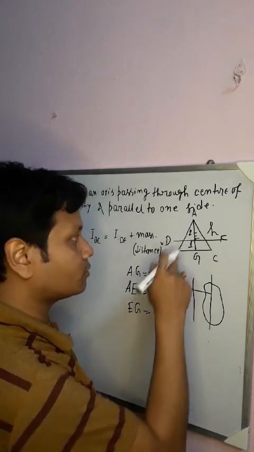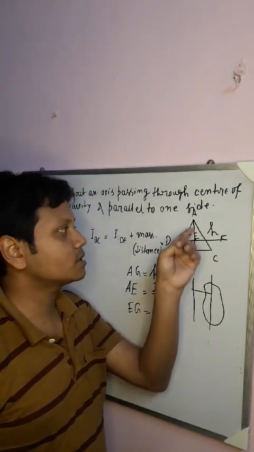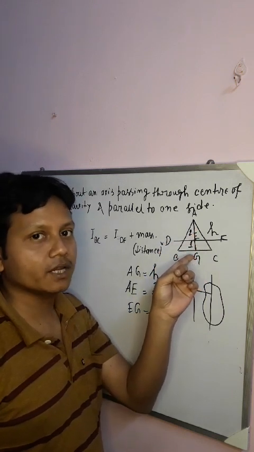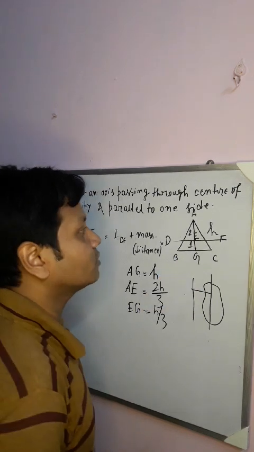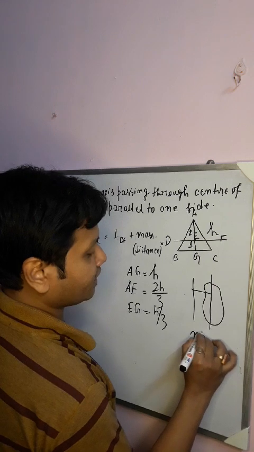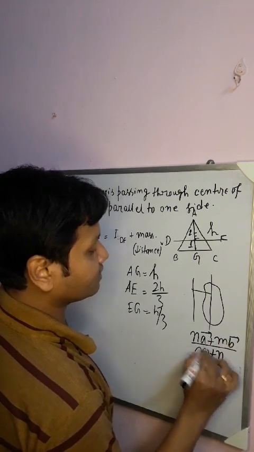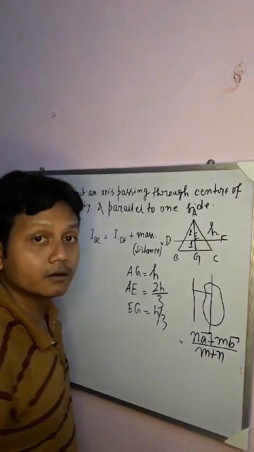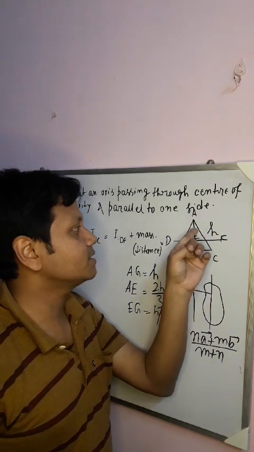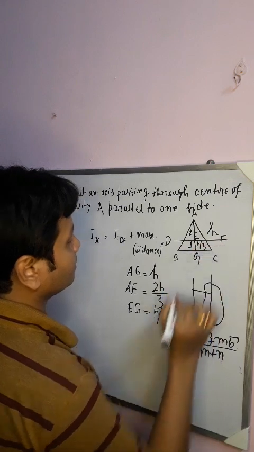That we all know from the property of triangle, the centroid E. So this is obviously 2h by 3, and this is h by 3. Okay, how we can calculate the centroid? We all know the formula of centroid is simply (na plus mb) by (m plus n). For a triangle, this is the formula of centroid. Now so if total is h, this is 2h by 3 and this is h by 3, that means this distance is h by 3. Fine.